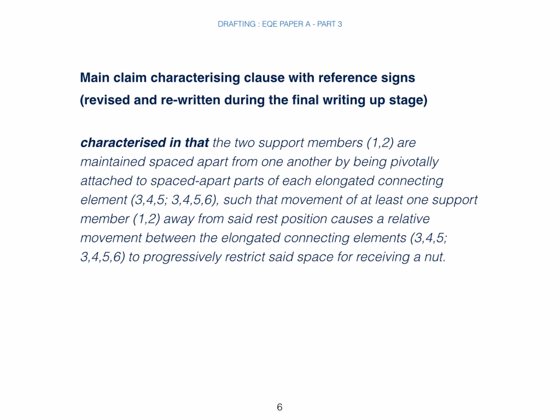Note that the "pivotally attached to spaced apart parts of each elongated connecting element" comes from the fact that the pivotal connection is not necessarily at the ends of the connecting elements. So the pivotal connection could be somewhere short of the ends. The claim seems to be satisfactory at this stage, but could be further revised when writing dependent claims and the introduction.